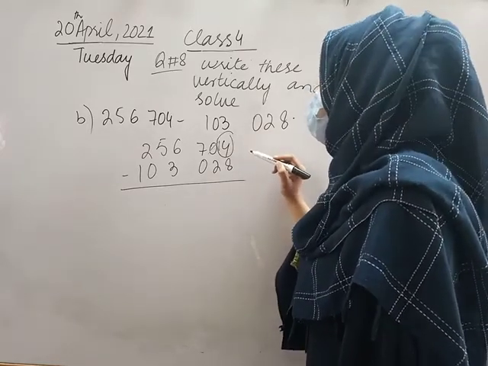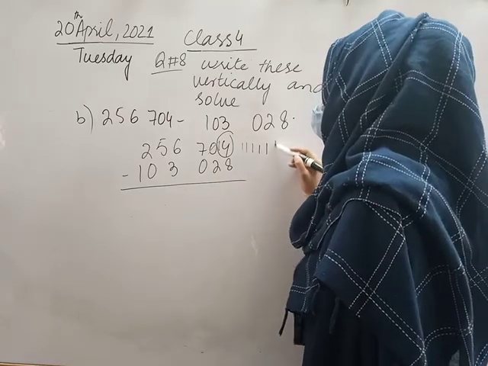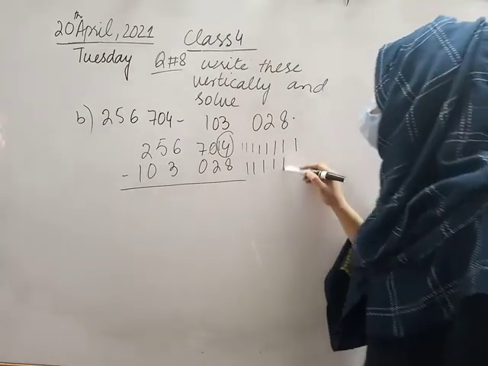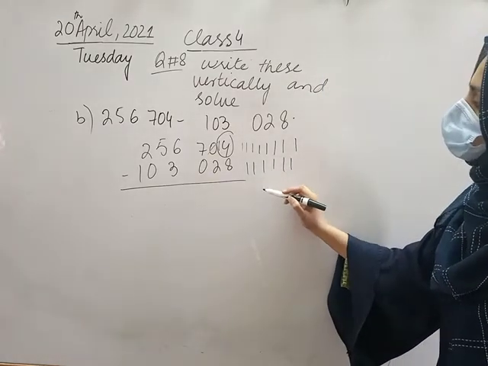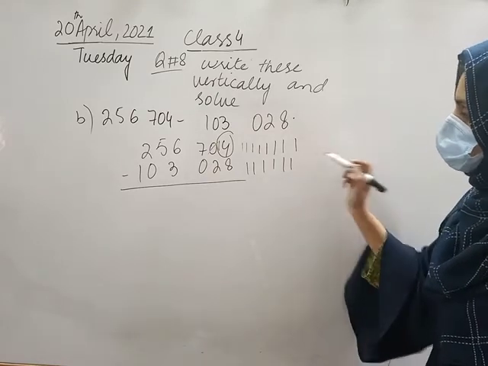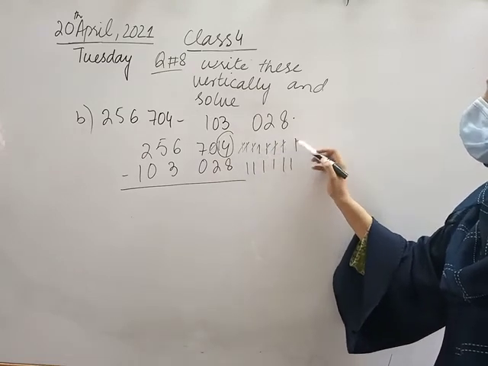So 14 minus 8: 1, 2, 3, 4, 5, 6, 7, 8, 9, 10, 11, 12, 13, 14. These are 14 in total and I want to subtract 8. 2, 3, 4, 5, 6, 7, 8.